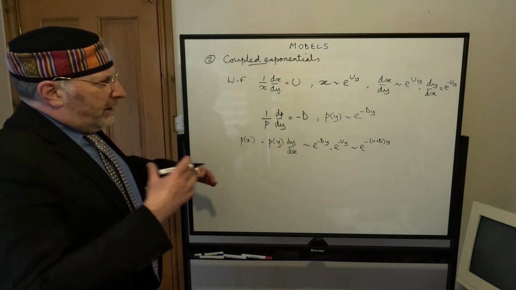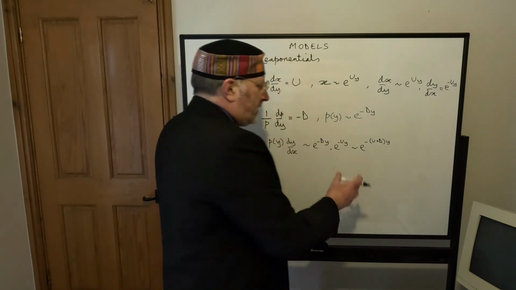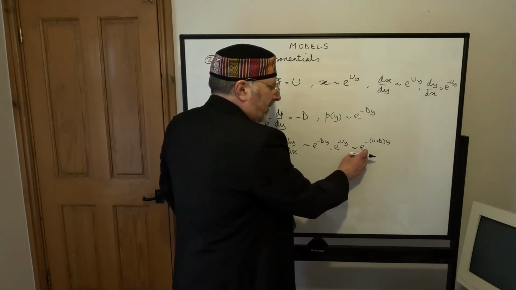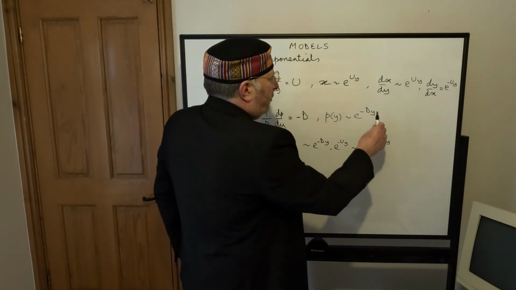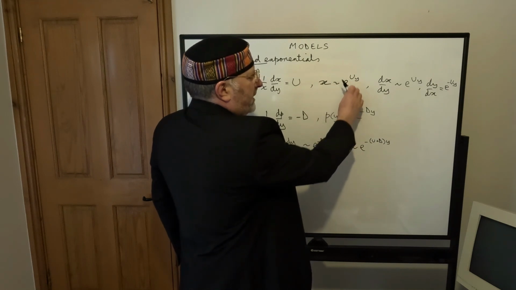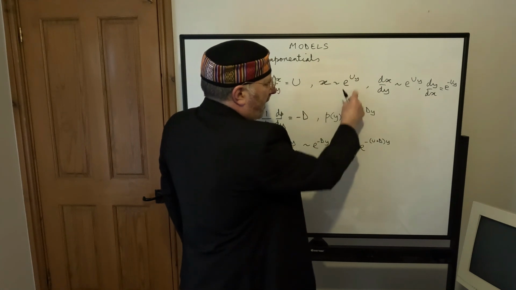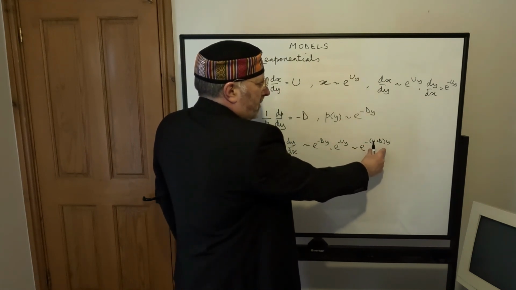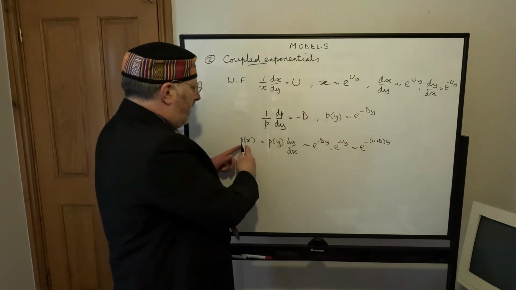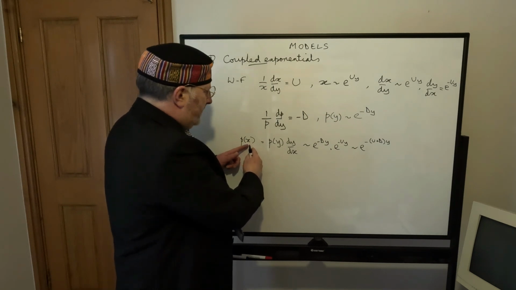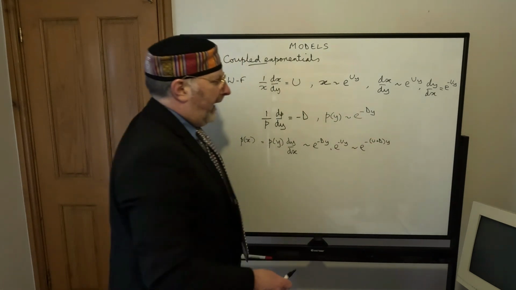Now we're going to do a little bit of a trick to get this to change into being an x, because you can see that we've got x is proportional to e to the uy, so we've got an e to the y here, so we can start to get this to depend on x, which is desirable because we want to see how the probability of x depends upon x.